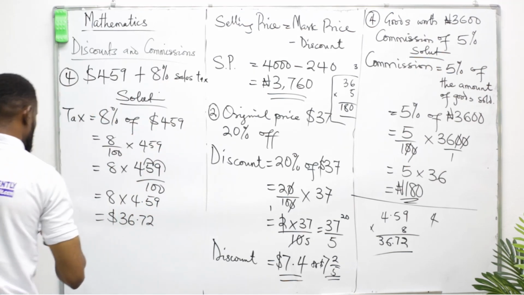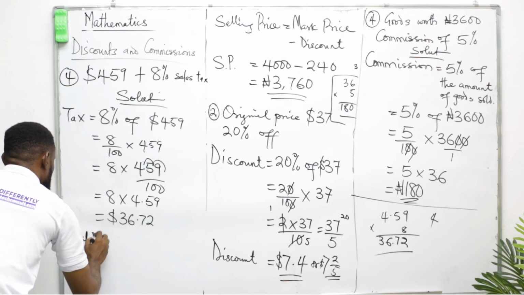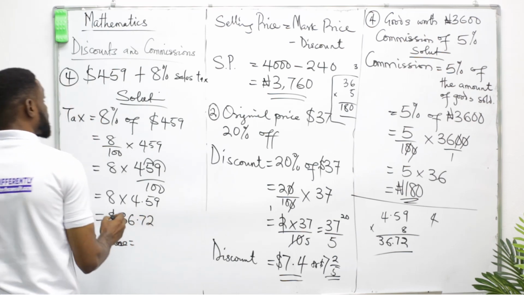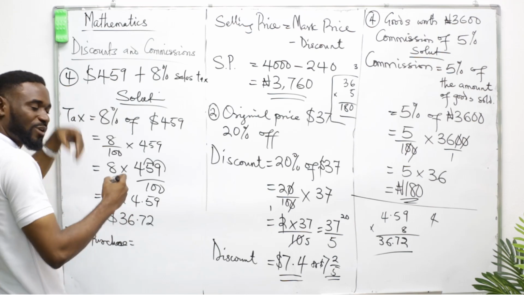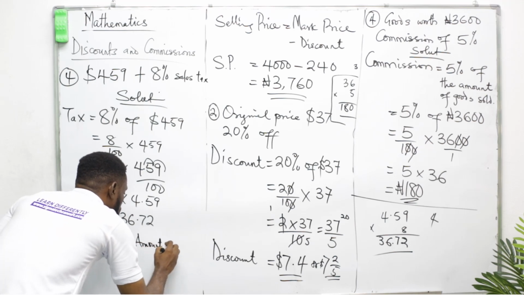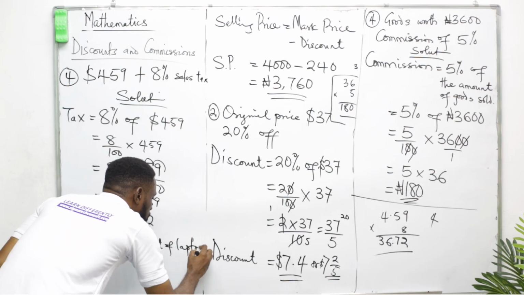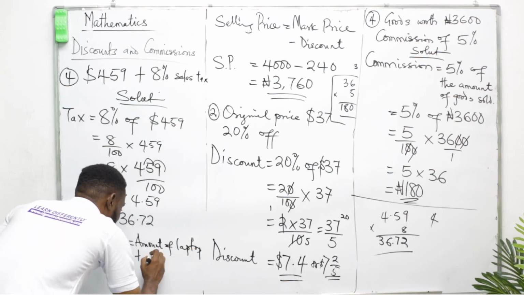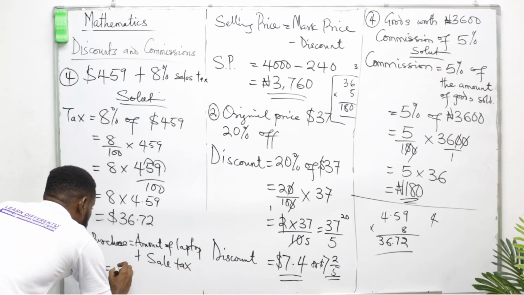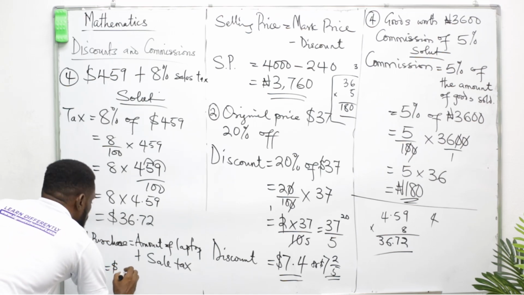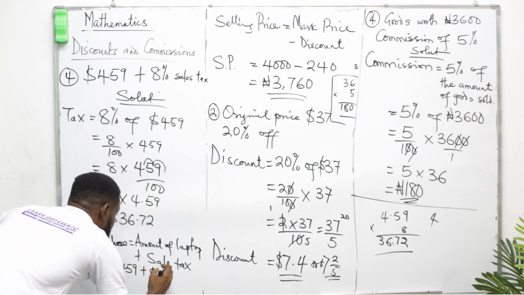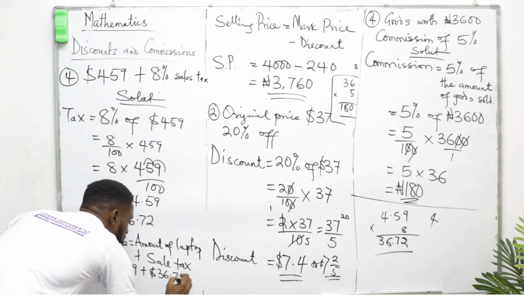So her total purchase will be equal to the original amount of the product, the laptop, plus sales tax. So this will give us $459 plus $36.72.